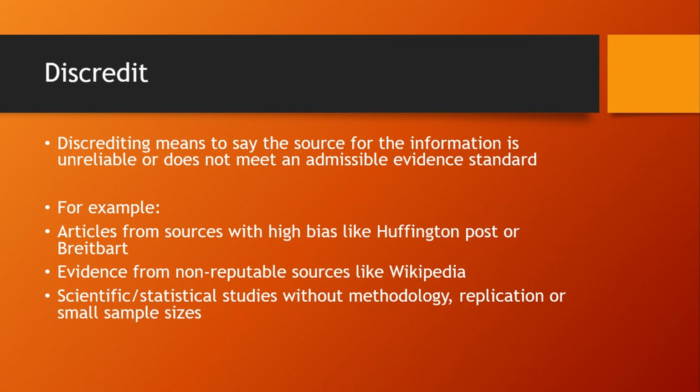So if you see anything under 1,000 for a nationwide study, or under 100 for a statewide or small area study, you're going to want to say that that's not really admissible evidence. That's not good enough to show an actual correlation.